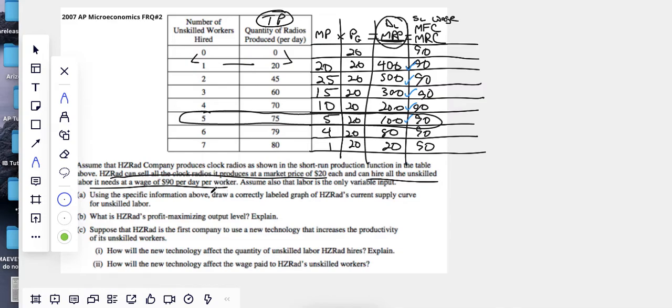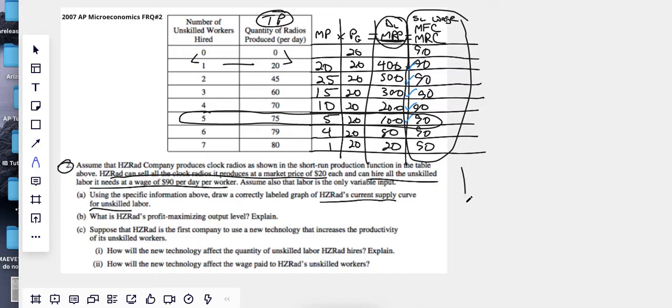So let's see if we can answer these. Using the specific information above, draw a correctly labeled graph of Hazrad's current supply curve. So understand that the supply of labor is the wage. It is a perfectly competitive labor market and firm. We're drawing Hazrad, which is the firm. Let's do the market too, just so that we know what it looks like.